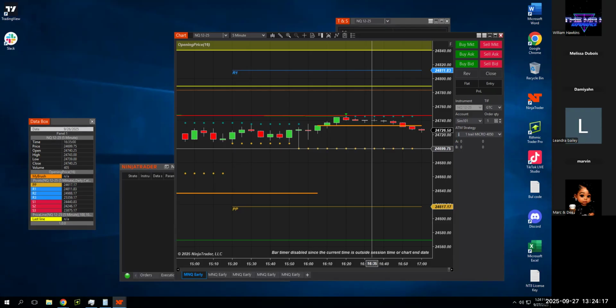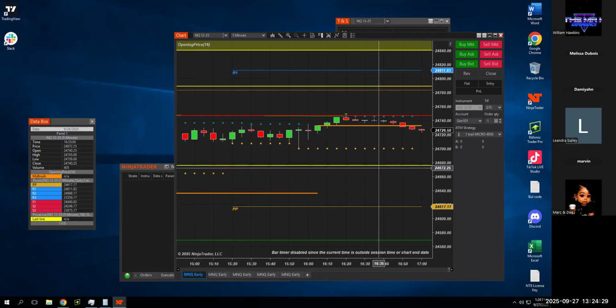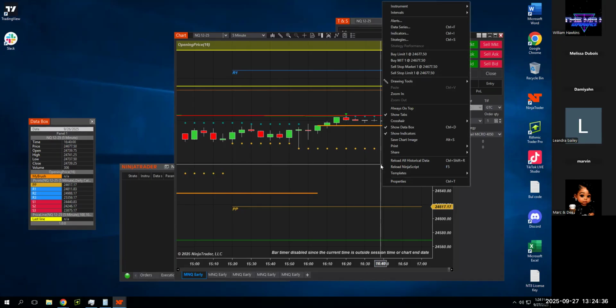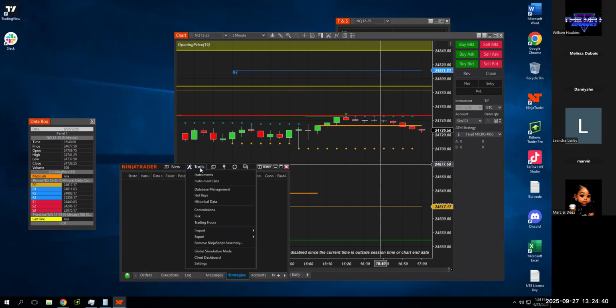Okay, hotkeys. How? Like my hotkey is F6. You know what I'm saying? I hit F6, and that's how I put lines on my chart real fast. Hotkeys just make it easier to mark up your charts. If you want to set your hotkeys, you just go here. I think it's under tools.